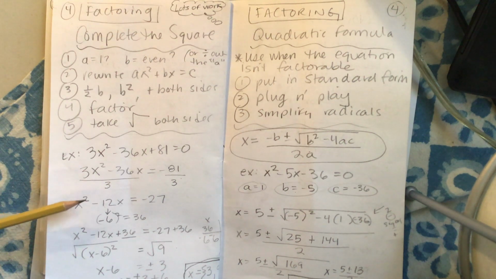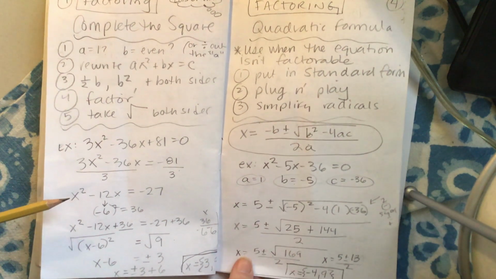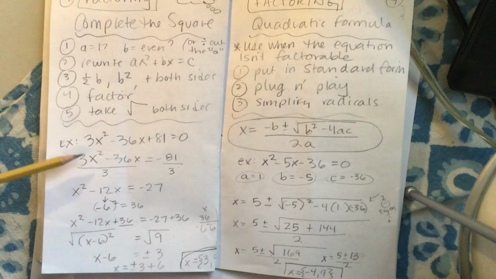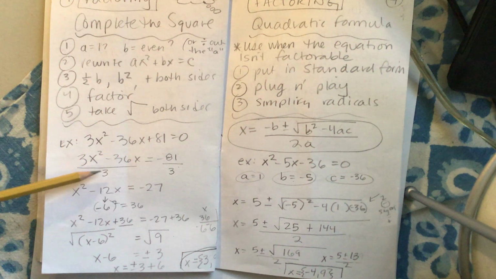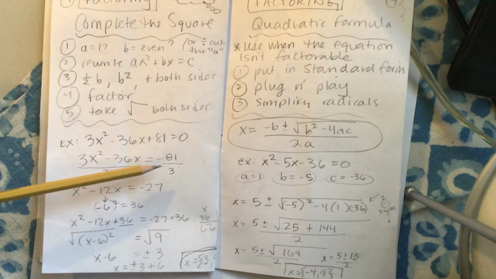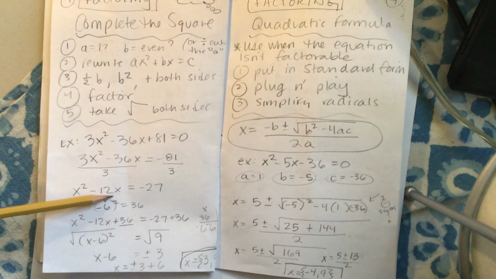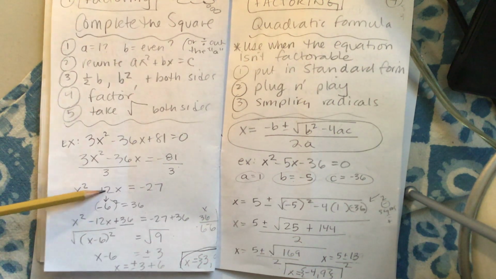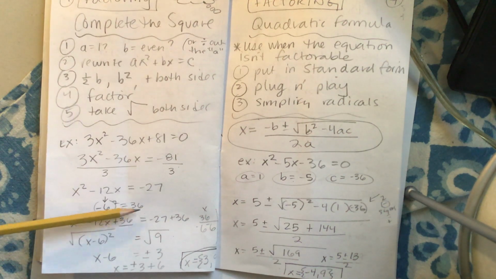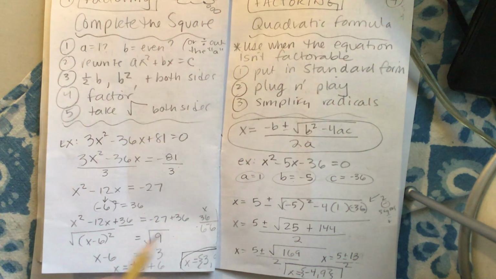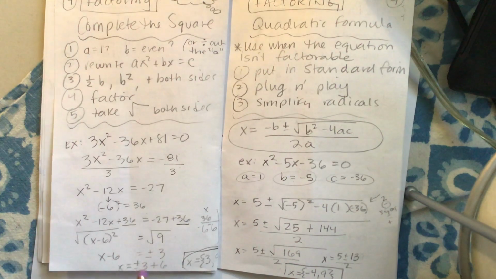So here is my example of when I did it. Let's see, I factored out the 3 because it goes into all of these numbers. And I ended up with this instead. I took half of the B, the linear term, squared it, add it to both sides. I'll make it stand out here.